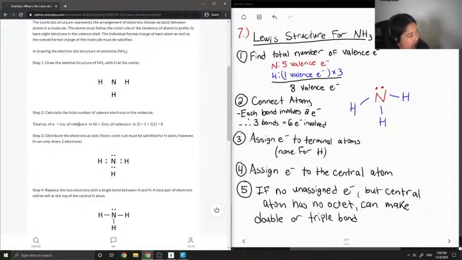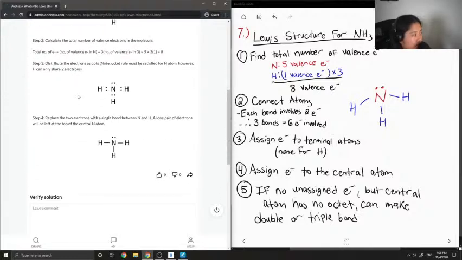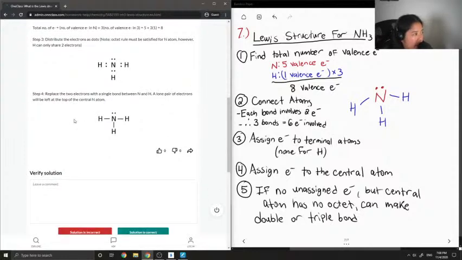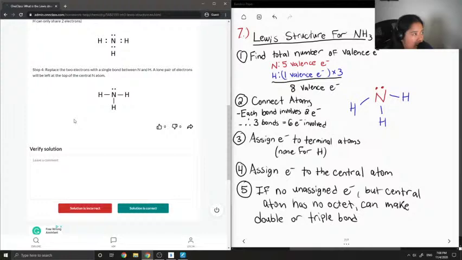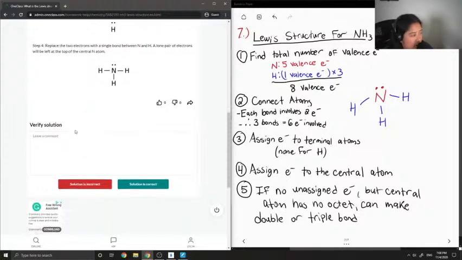Step 3, distribute the electrons as dots. Note the octet rule must be satisfied for nitrogen. However, hydrogen can only share 2 electrons. Step 4, replace the 2 electrons with a single bond between nitrogen and hydrogen. A lone pair of electrons will be left at the top of the central nitrogen atom.